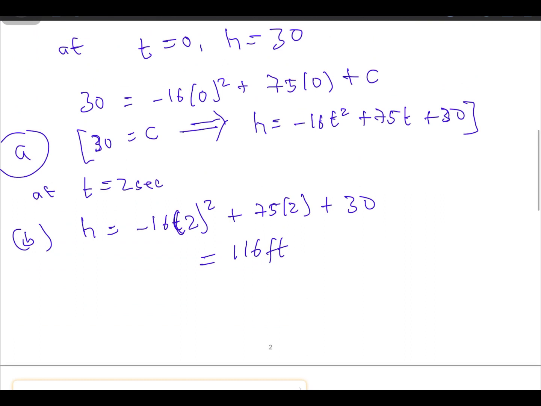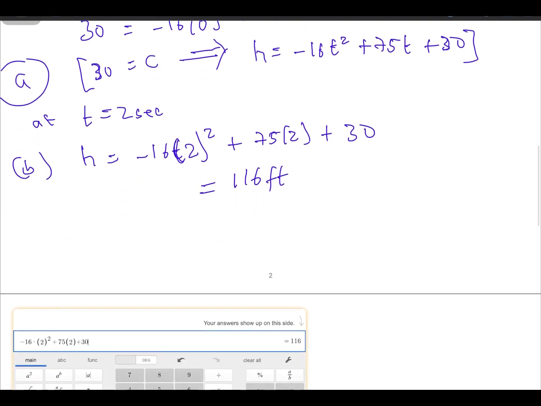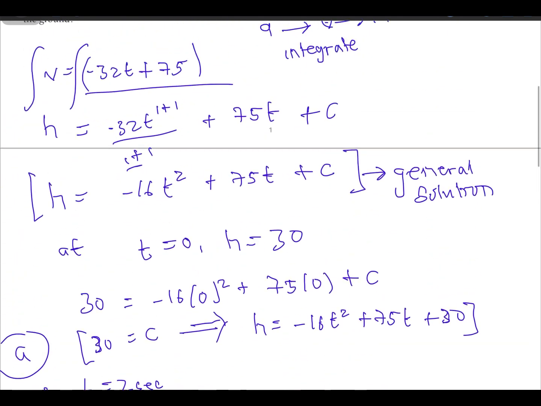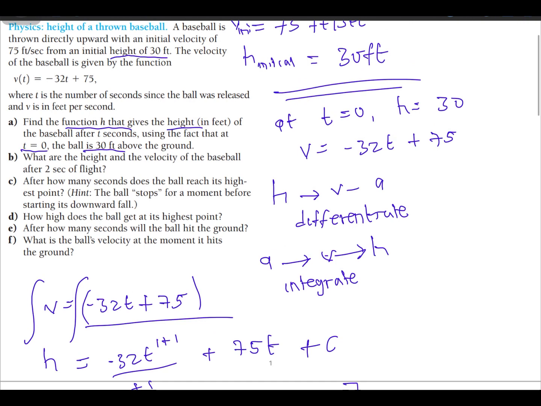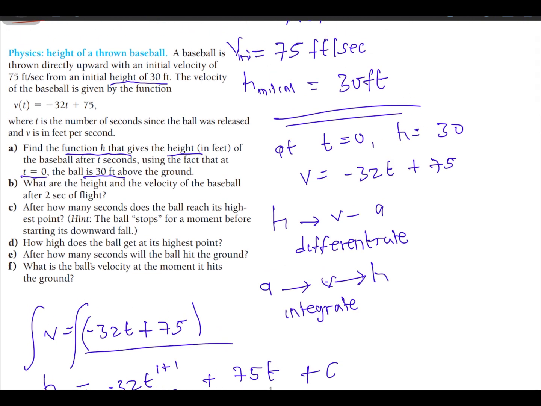So now we are done with the part of the B. So let's look at the velocity. They said we should find the velocity and then the height. So we are done with the height. Let's go to the velocity.